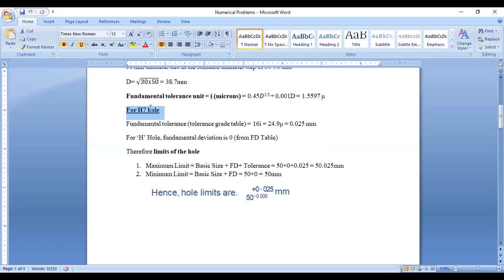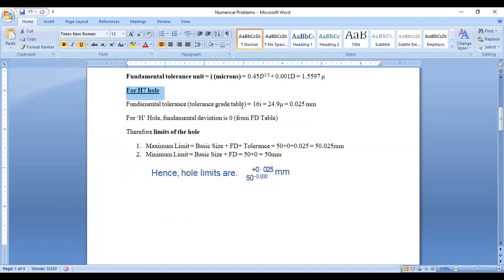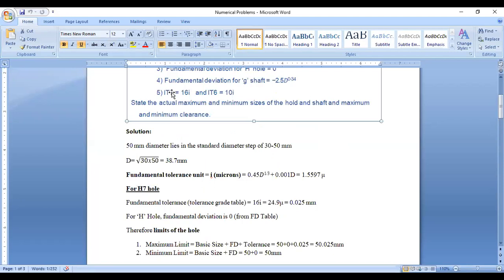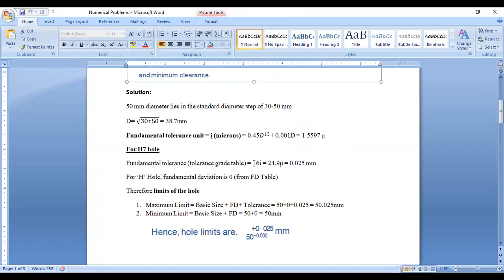The fundamental tolerance or tolerance grade is 16I. If it is given H7, directly you have to refer to IT7, which is equal to 16I. The same is taken here, 16I, and you have to substitute the value of I, that will be in terms of microns, and you will get the answer.